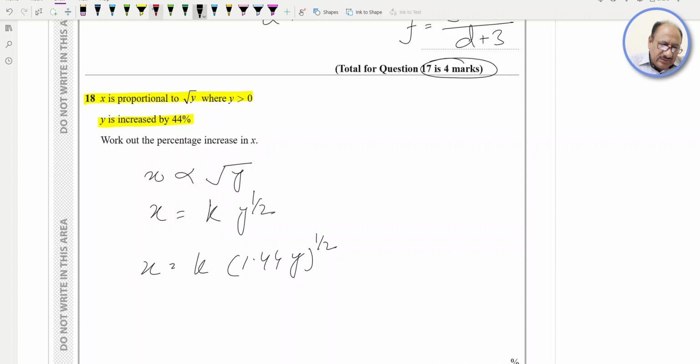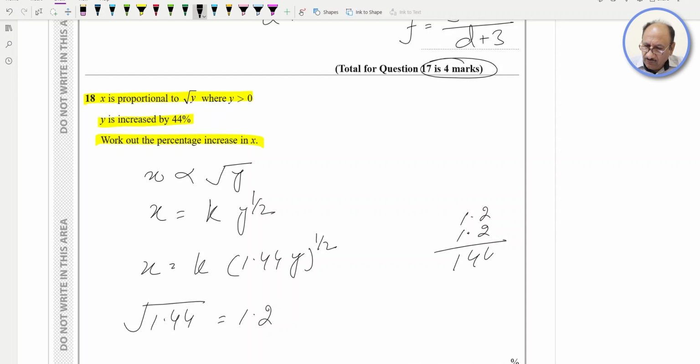Work out the percentage increase in x. Basically, we need to calculate this portion, which is under root 1.44. We need to calculate, and if we multiply, this will be equal to 1.2. So square of 1.2, for example 1.2 multiplied by 1.2, if we multiply, this will be 144. 12 12s are 144, and the numbers to the right of the decimal are 2, so we can put the decimal over here.